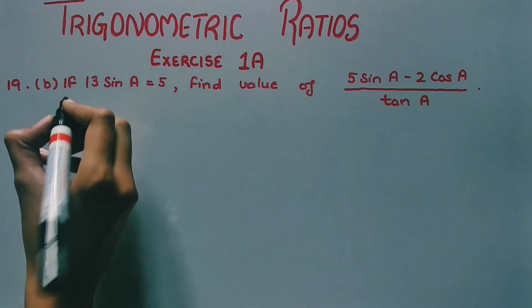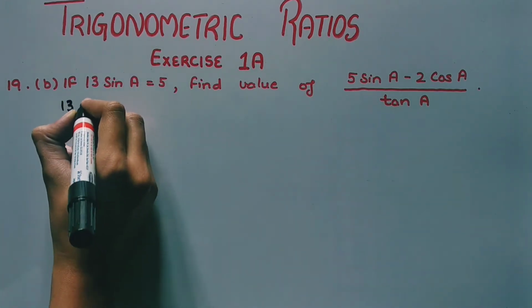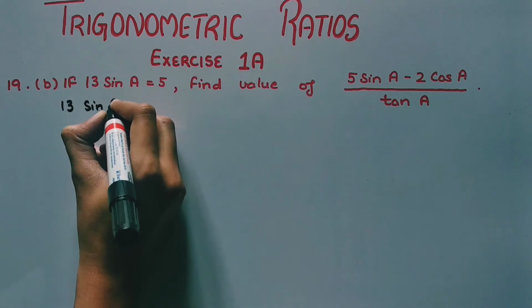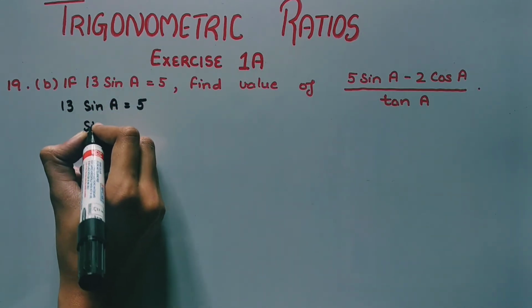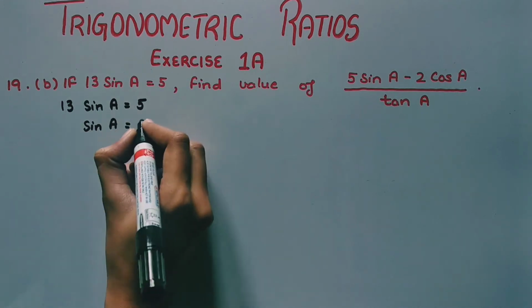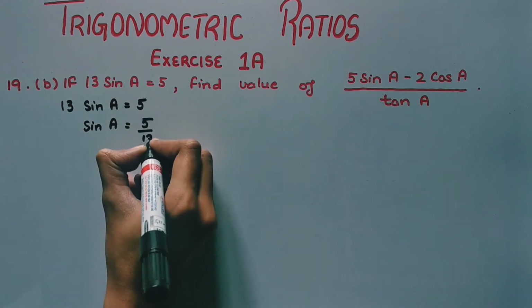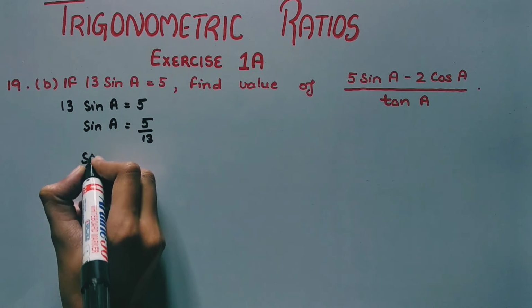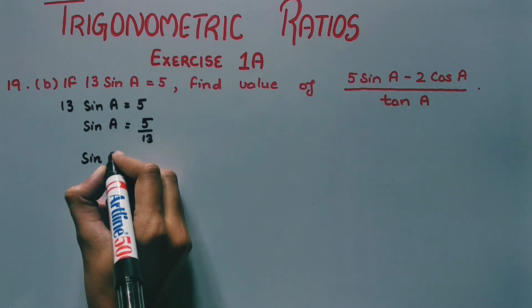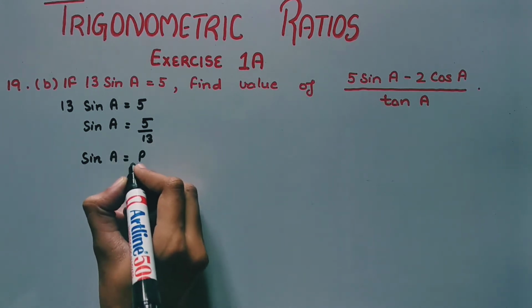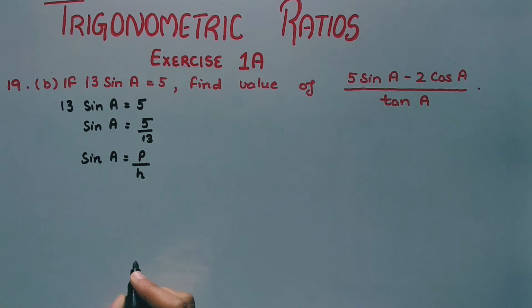We have the equation that is 13 sine A is equal to 5. Hence sine A is equal to 5 divided by 13. But we know that A is always an acute angle, so sine of any acute angle is equal to perpendicular to hypotenuse.